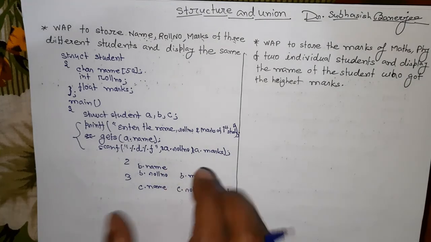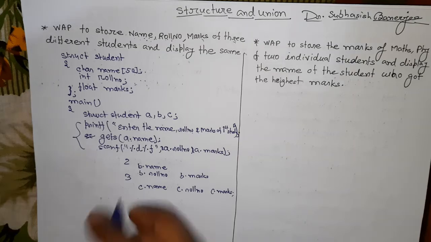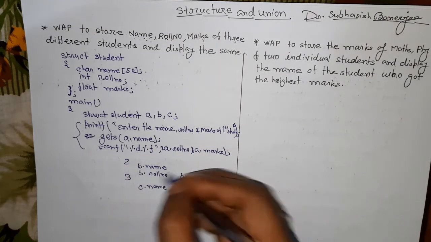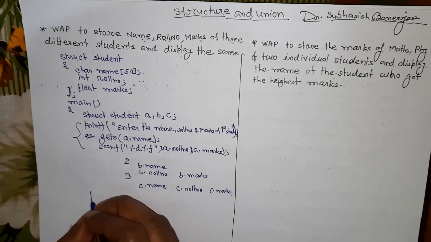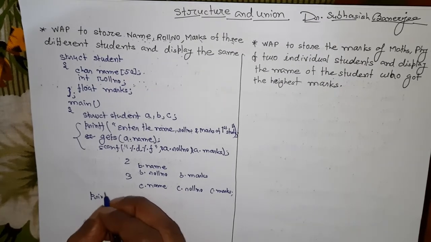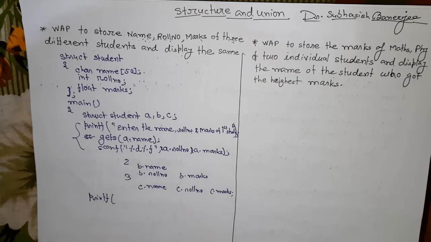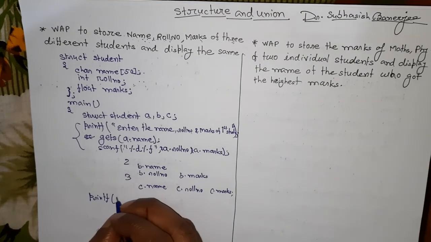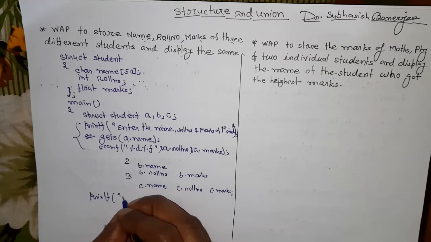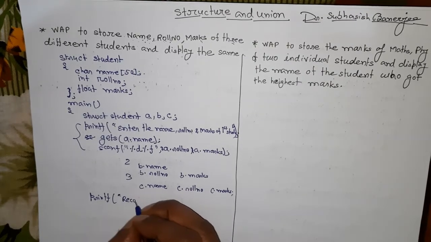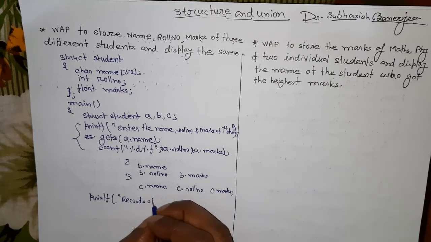In this fashion, we can easily get the details about all three students. Once we have the records of all these three students, if you need to display them, we know that we can use printf for displaying individual variables. So here we may write printf, the records of, let's have first student.